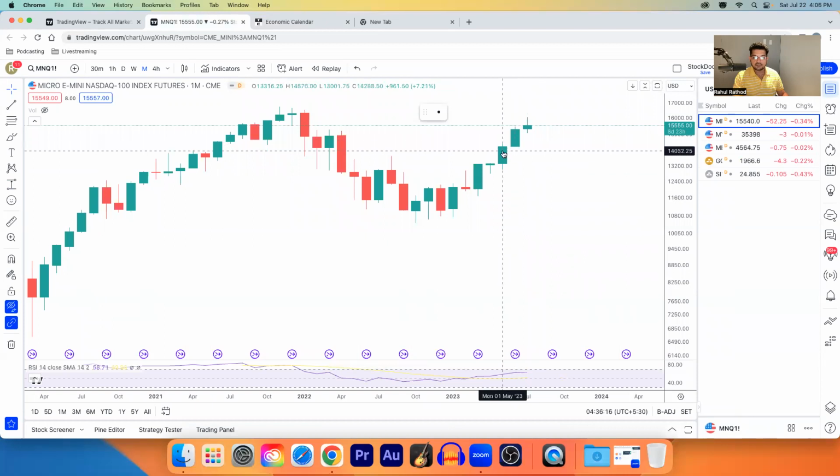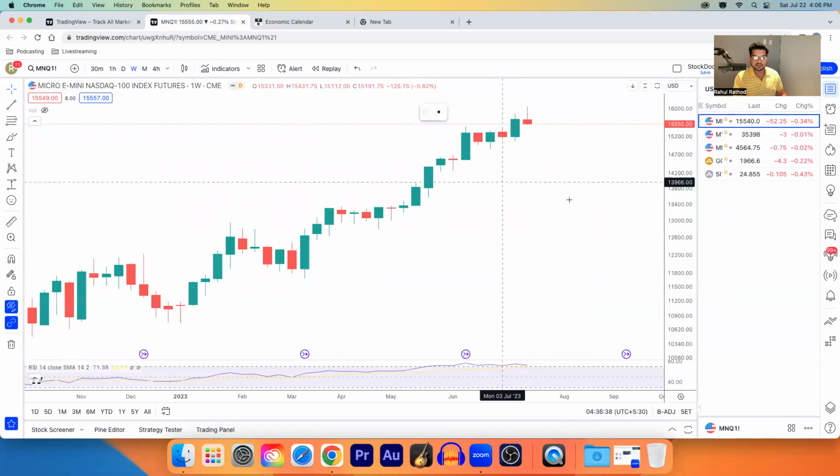But the last two candles were very strong, up like 7% in June and 7% in May. So let's move to the weekly chart, because the monthly chart is saying that we are coming to the end of the month and the market is not taking any decision on the monthly candle.